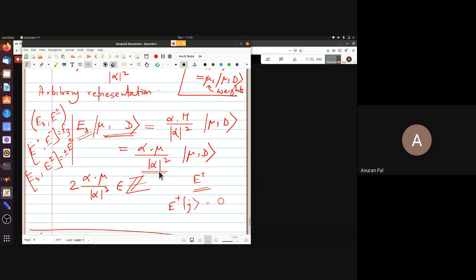Right, okay. Now notice that that actually puts a huge restriction on the mu's. Remember, we are talking about arbitrary representation, any representation whatsoever, right? So it might look like you can have arbitrary mu values, but you can't. Because alpha dot mu by mod alpha square must be a half integer, twice that must be an integer. And that has to be true for all the root vectors.